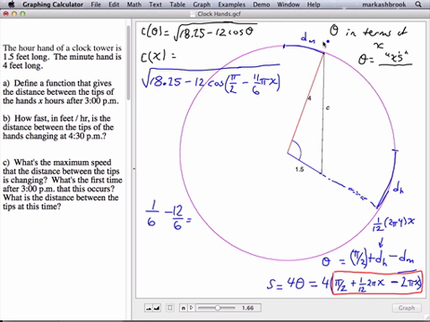So we just looked at, let's figure out, after a certain amount of time, what is this distance from here to here? So we know it started at pi over 2. And we added this much to that distance, and we took away this much from that distance, right? So that's that first thing.